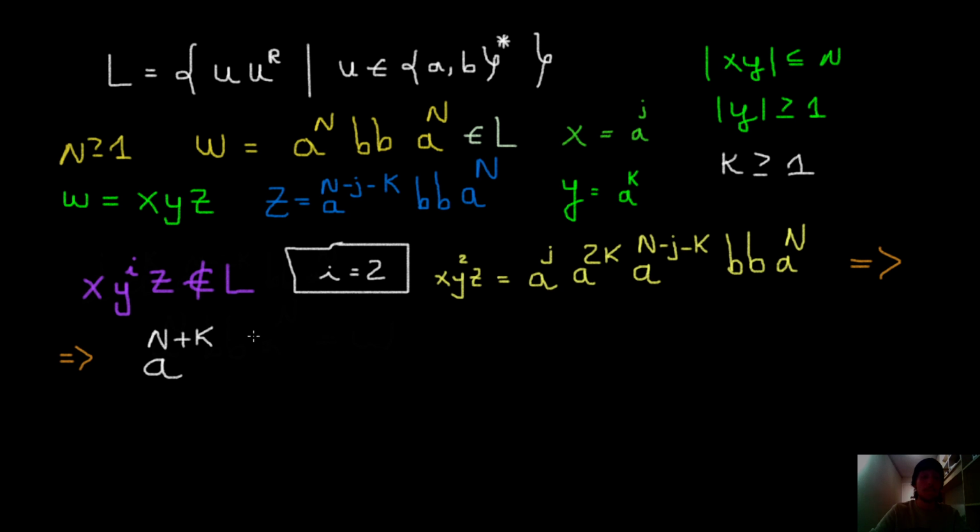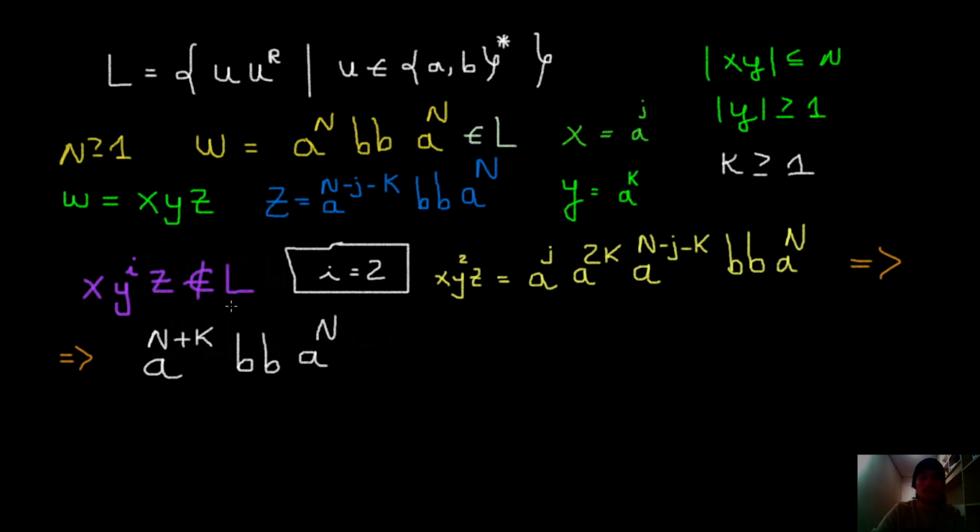Then we have the two b's, b to the k, k, k, the first b and the second b, and then we have here a raised to n. And this is the final word that we have at the end.